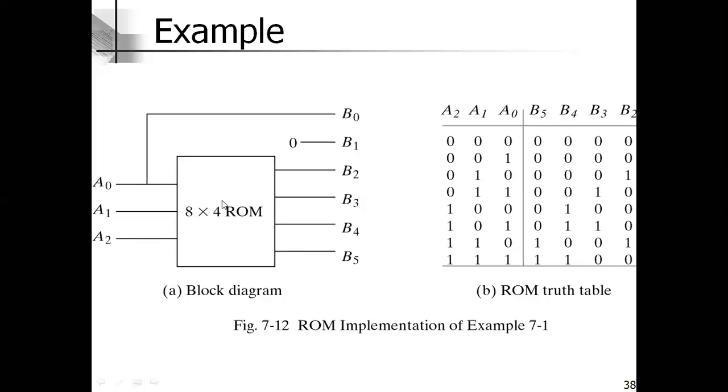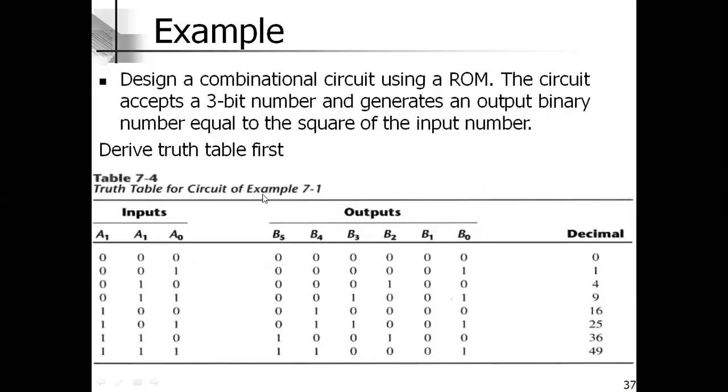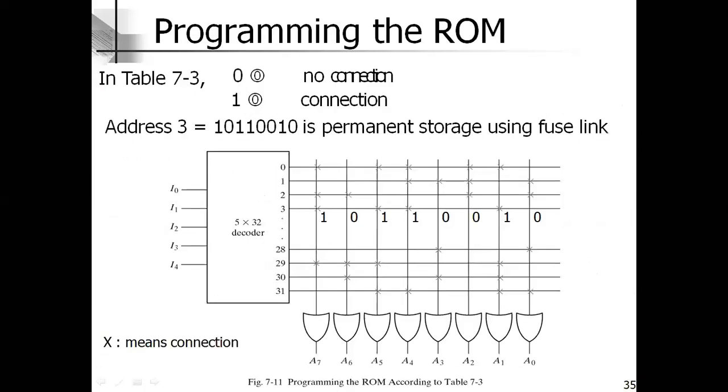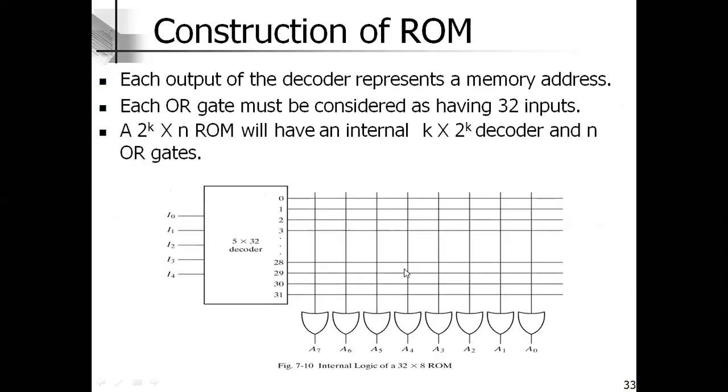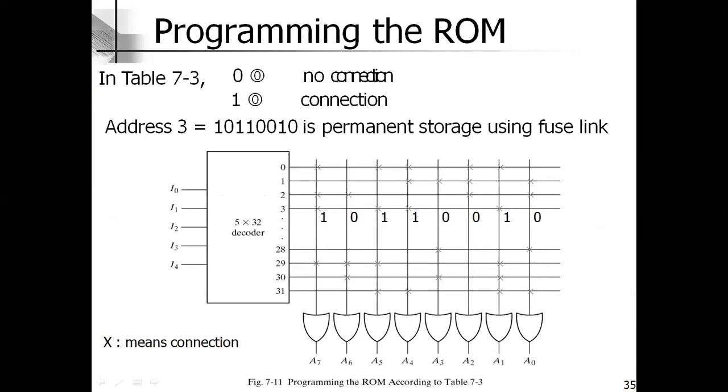Here I am giving only a ROM structure, that is a block diagram structure. This is the ROM structure, directly 2 power k by n. That means 2 power k is 2 power 3, and each word consists of 4 bits, that is n. So that is an 8 by 4 ROM.